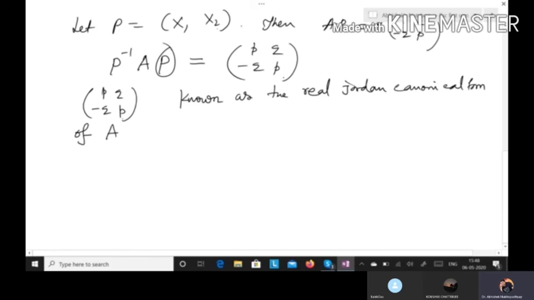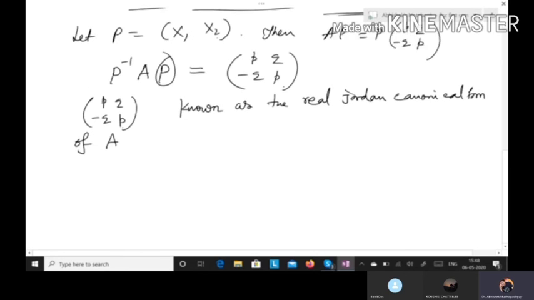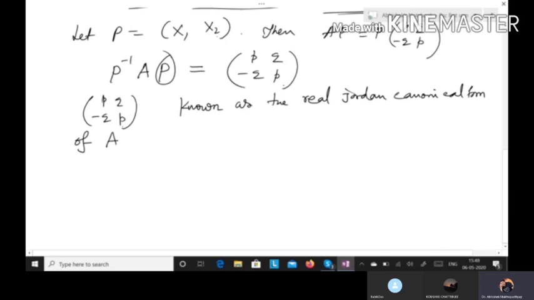It can be proved using linear algebra. So this is known as the real Jordan canonical form of A.